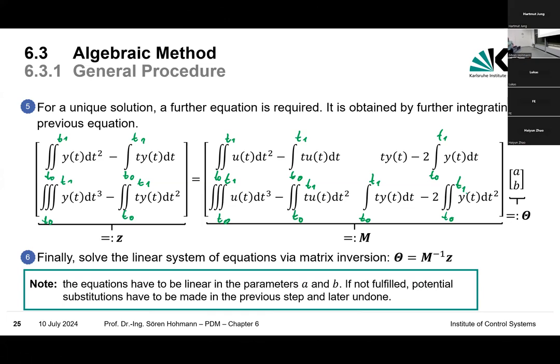Then instead of having here a matrix M, which is in this case a 2 by 2 matrix, you end up with a row matrix, of course, because you have more equations than parameters, and then you can apply your wonderful Penrose pseudo-inverse. That's why we learned this again in chapter 5.